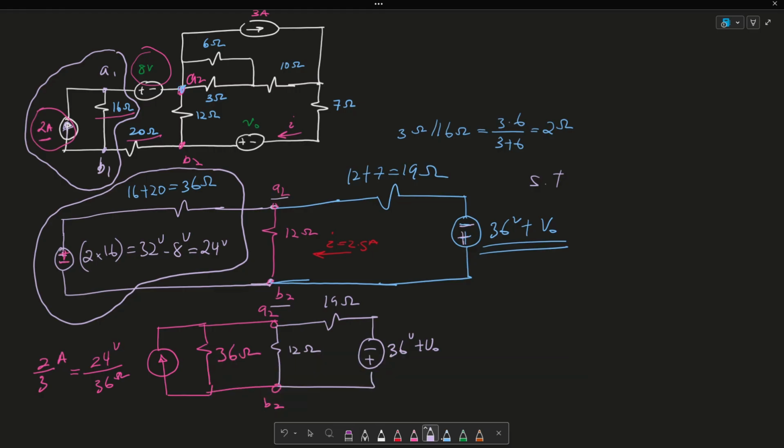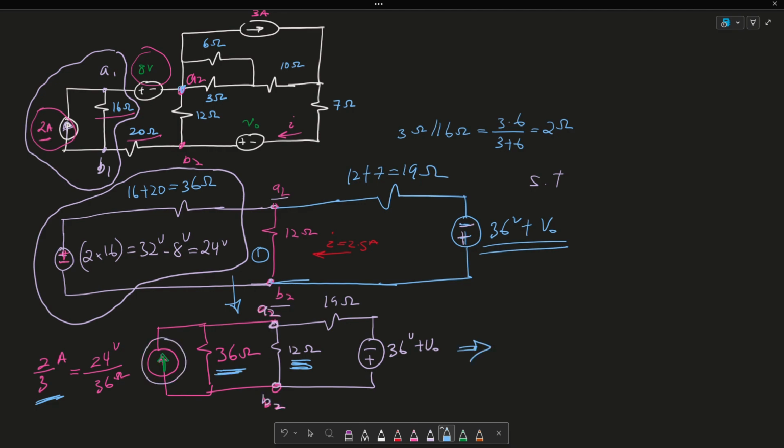And what we can say here is that we have a current source of 2 over 3 amps in parallel with a 36 ohm resistor and a 12 ohm resistor. And the idea of going from this step, call it step 1, to this step was so we can combine this 12 ohm resistor with this 36 ohm resistor.